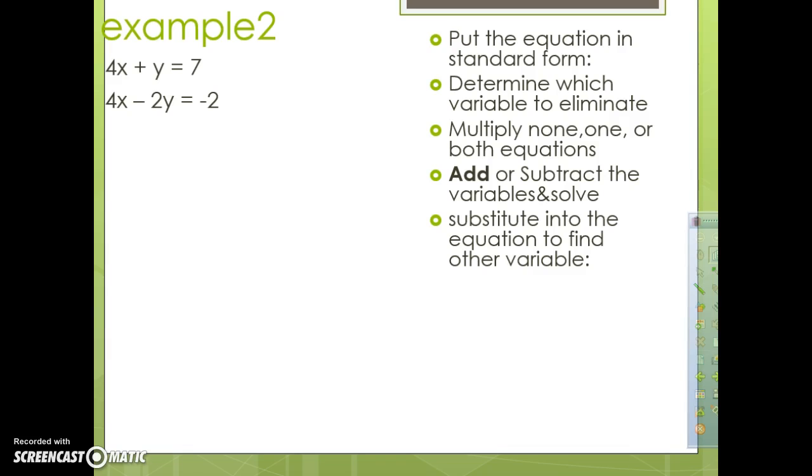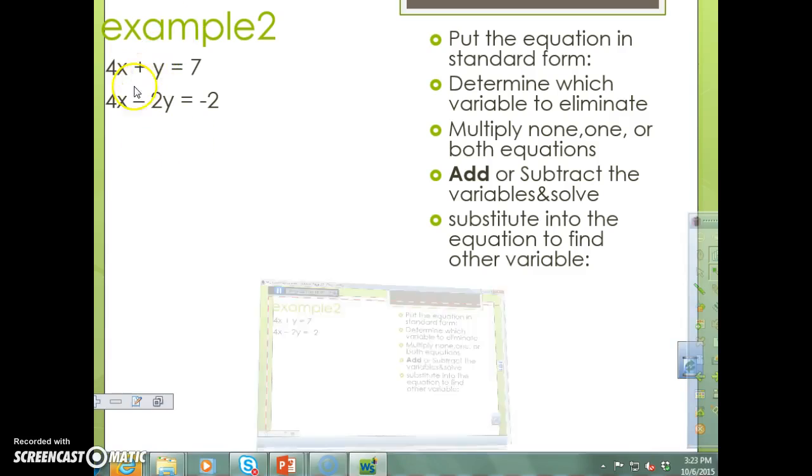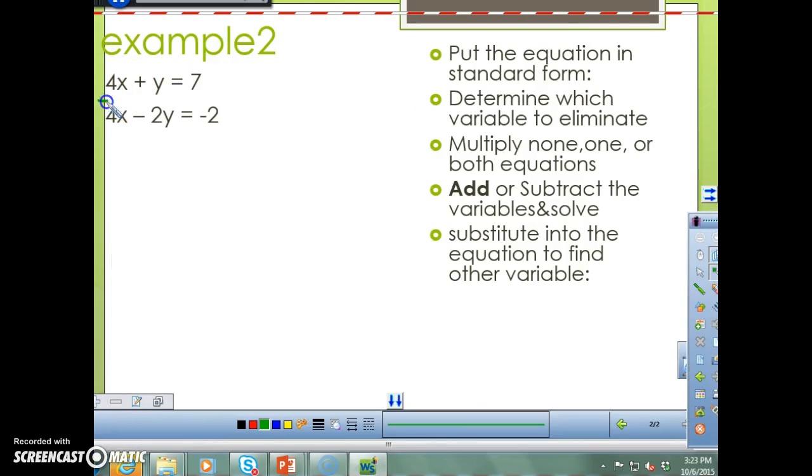What would happen if I subtract the 4 x's? So we're going to subtract this time. 4x minus 4x is 0. Those cancel. Now you do have to be careful. This is why I generally don't subtract; I'll multiply first.